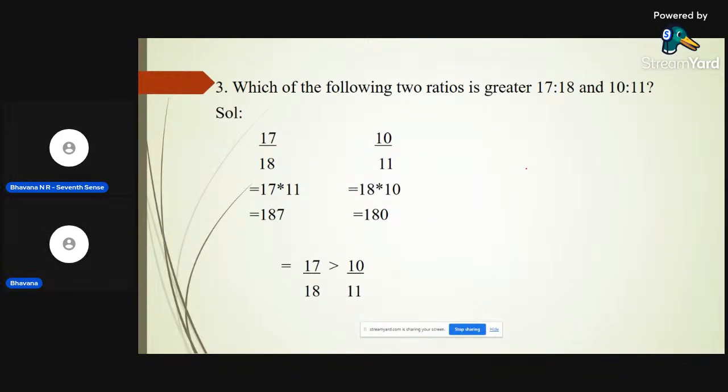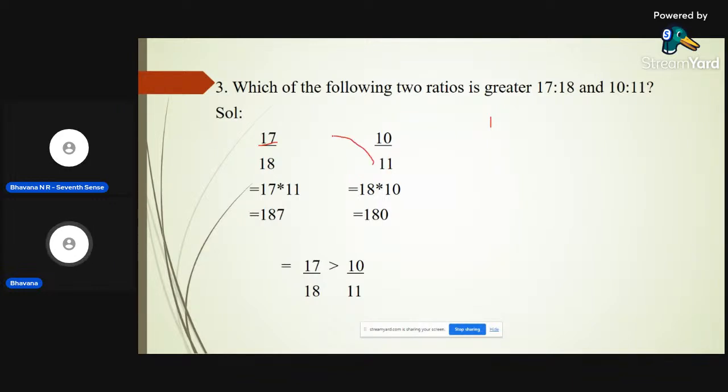Okay. Next, which of the following two ratios is greater: 17 is to 18 and 10 is to 11? So 17 is to 18, how do we write it? Like this, 17 by 18. And 10 is to 11 means 10 by 11.